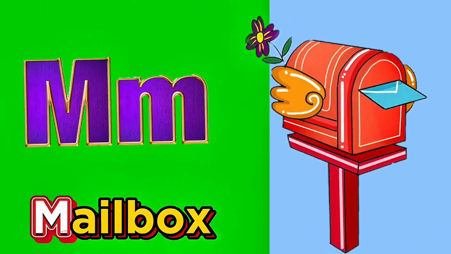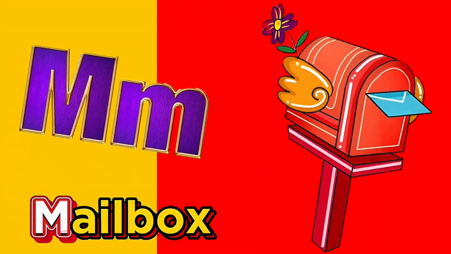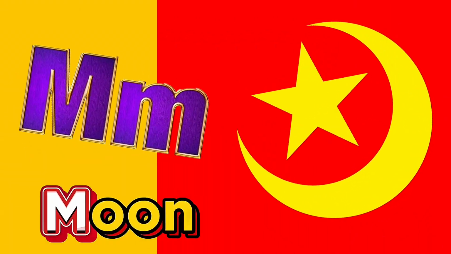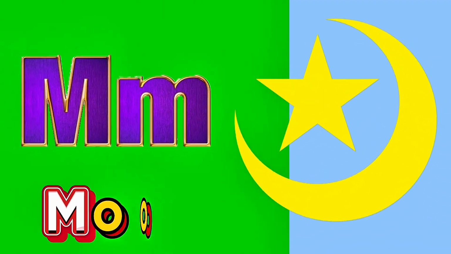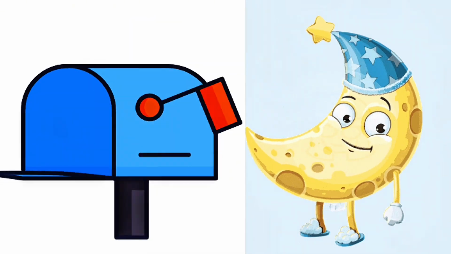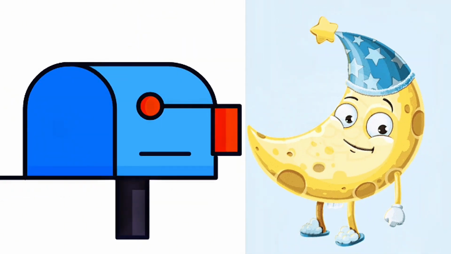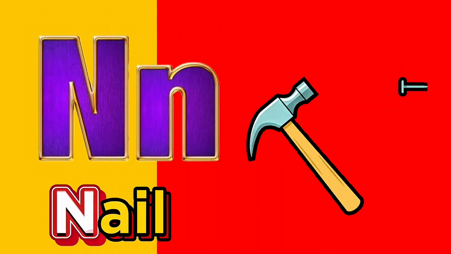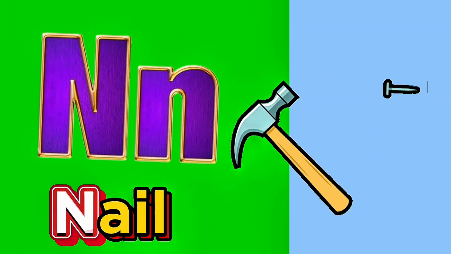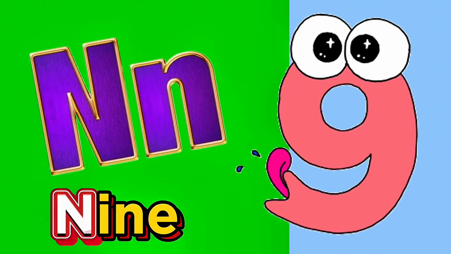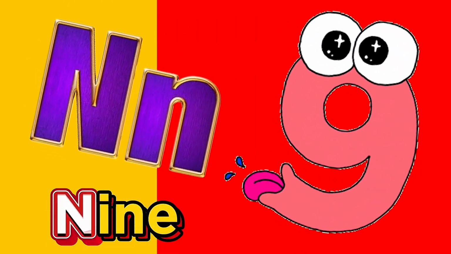M is for mailbox. M is for moon. M is for mailbox. M is for moon. N is for nail. N is for nine.